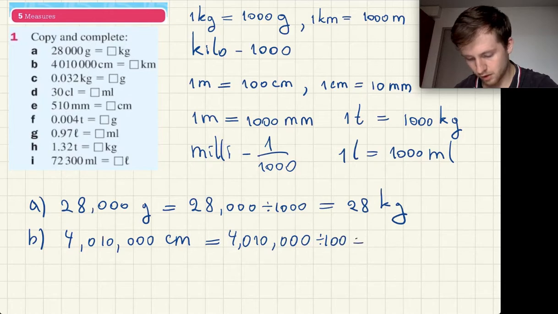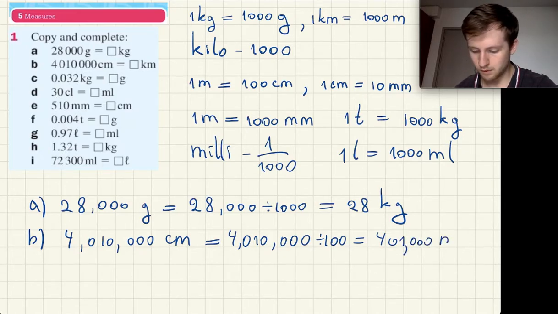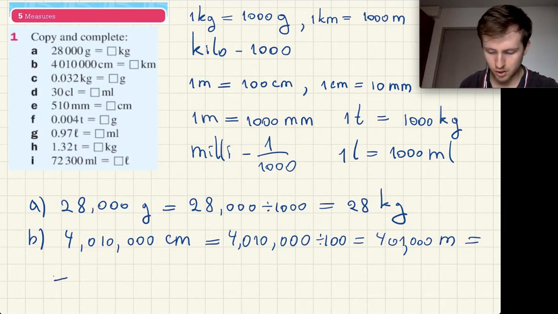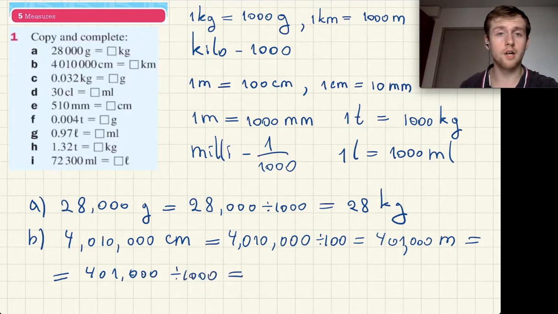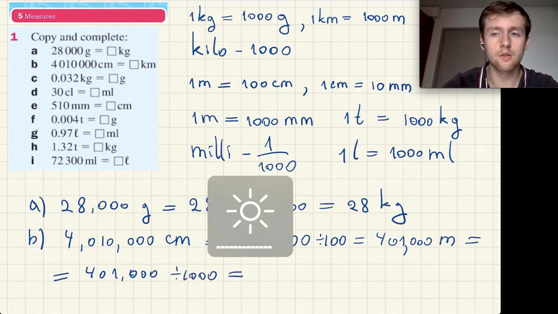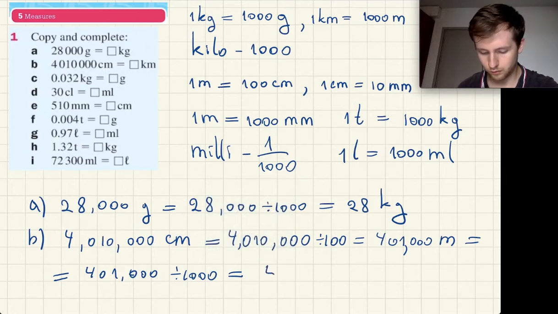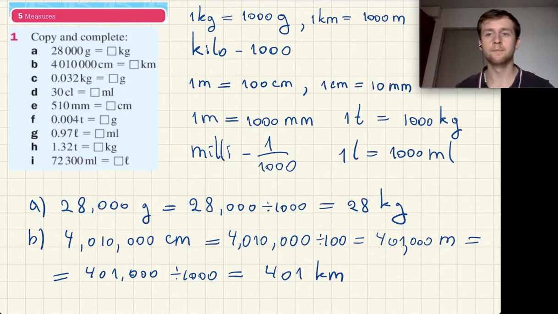That's going to be 401,000 meters. Now we divide it by 1,000, which allows us to convert this to kilometers. So it's equal to 401 kilometers.